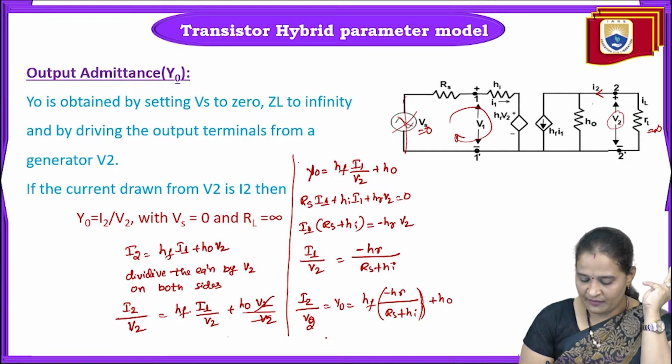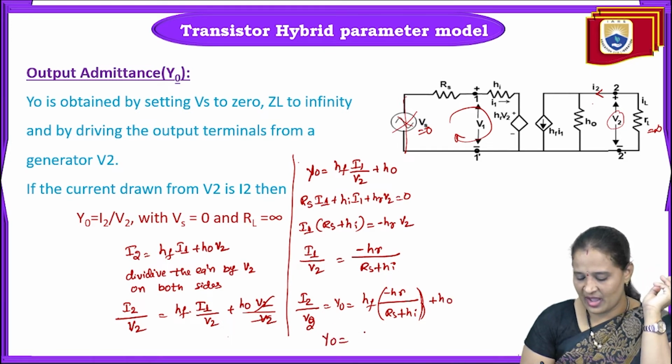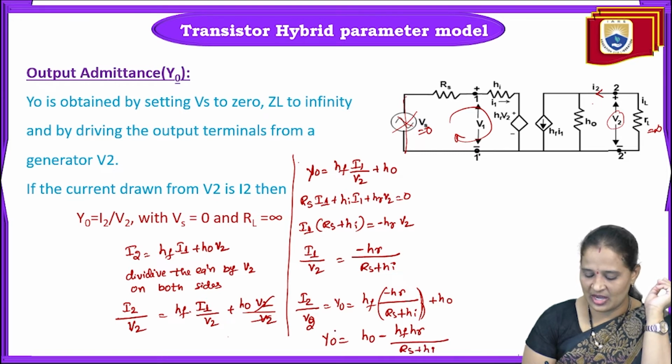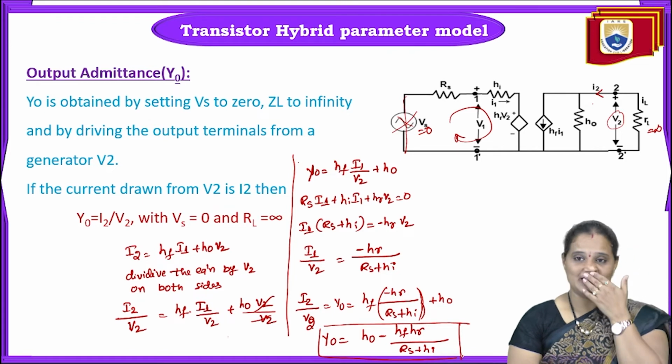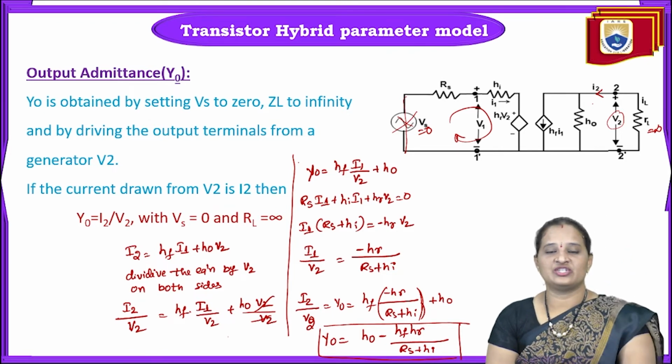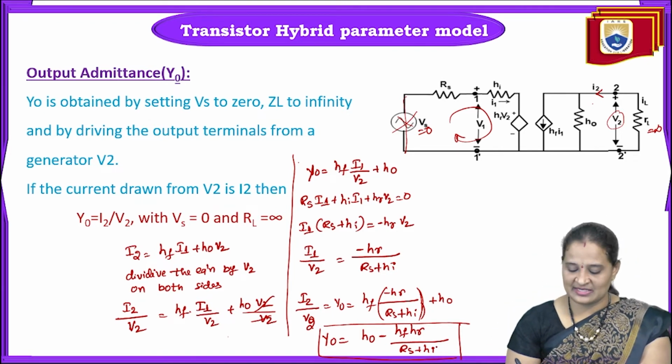So now I can write this Y0 value as HO minus HF into HR divided by Rs plus Hi. So this is the formula for output admittance: HO minus HF HR by Rs plus Hi.